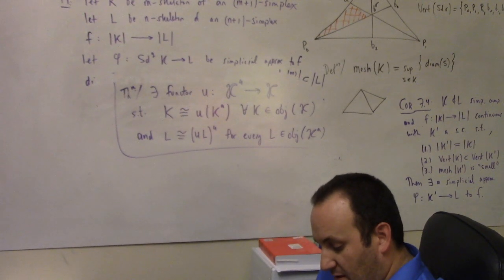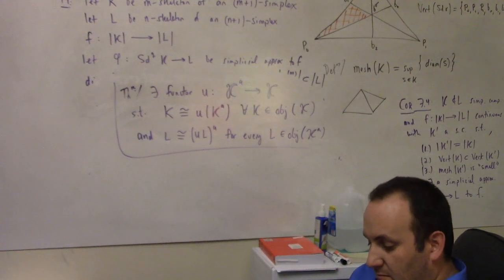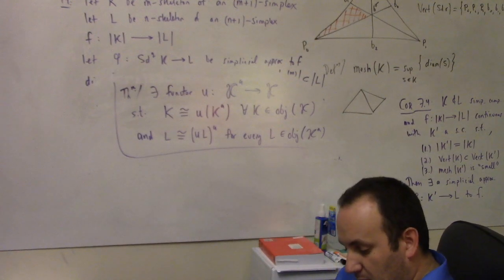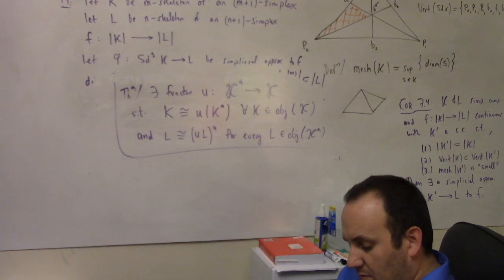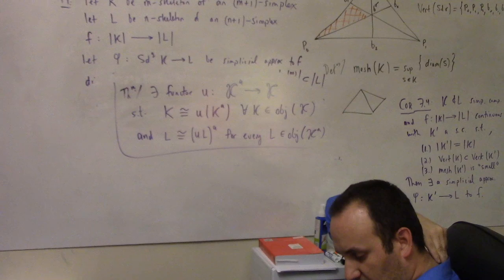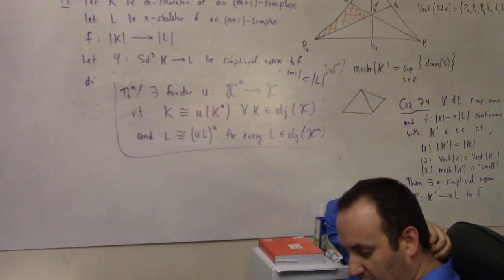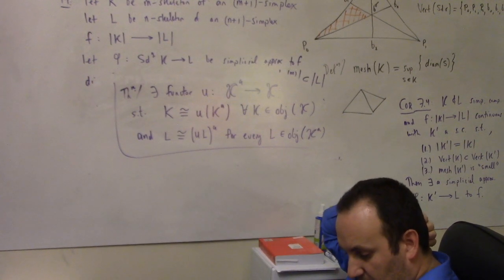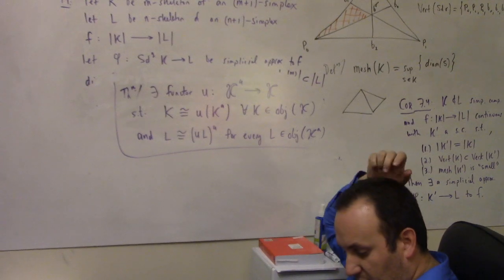Indeed, U of L is a subcomplex of the standard n-simplex. It's easy to see the simplicial map phi from L to L prime in K_A, which is a certain function from vert L to vert L prime, corresponds to the obvious simplicial map U of phi.